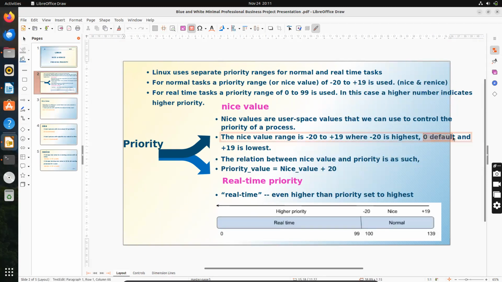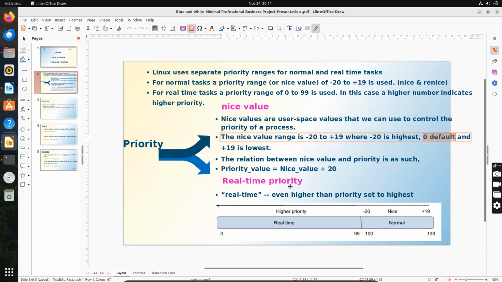Even if we run any command without a nice value, zero is taken. Plus 19 is the lowest priority. The priority value is taken as the nice value plus 20. Whatever we mention as the nice value plus 20 is the priority value for the process.